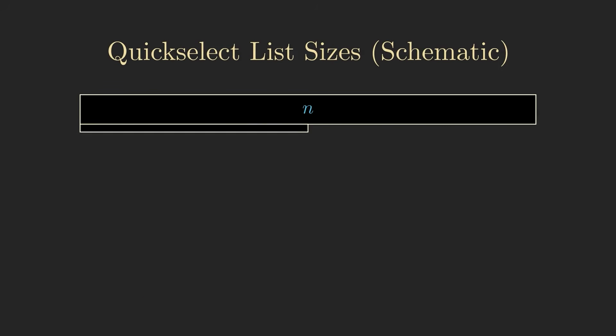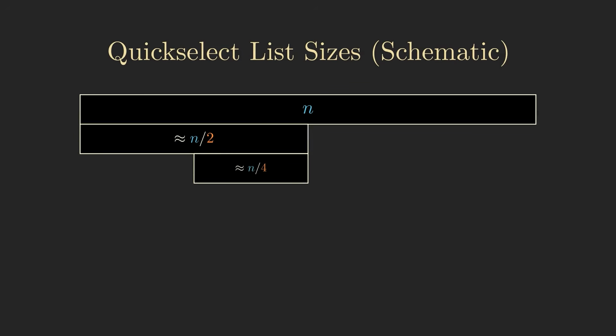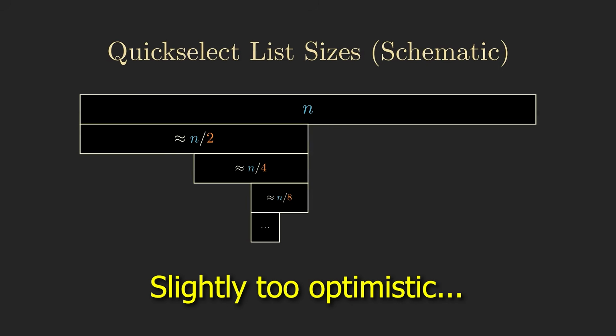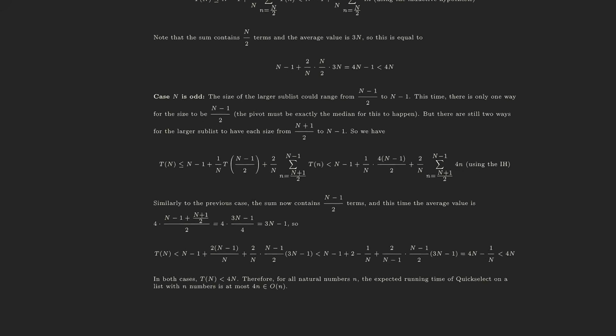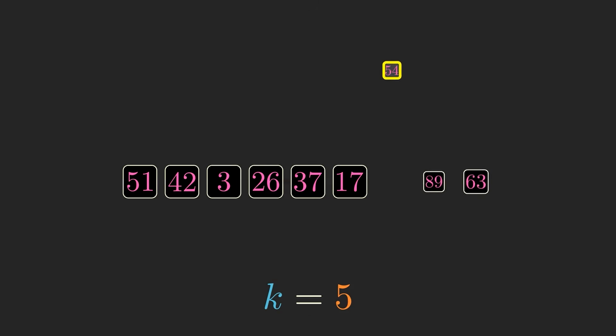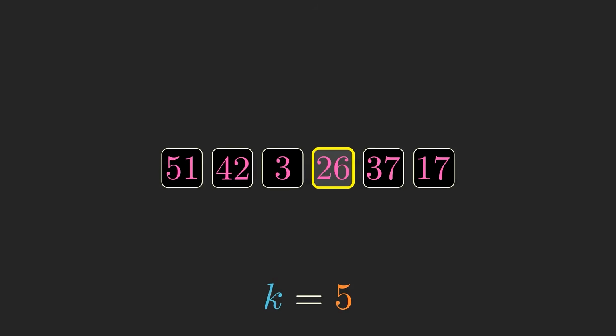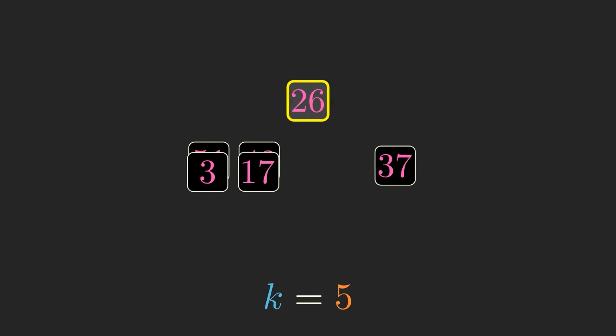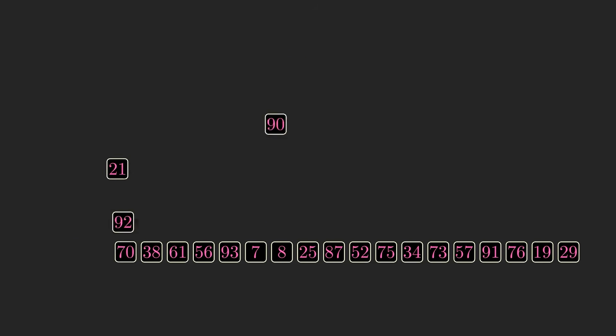Again, this argument is not quite right because it assumes the pivots split the list perfectly at each step, which is overly optimistic. But when you do the proper analysis, the expected running time does in fact work out to be O of n. I remember being pretty awestruck when I learned about this for the first time, because I had always just assumed that to find the median, you'd need to fully sort the list.